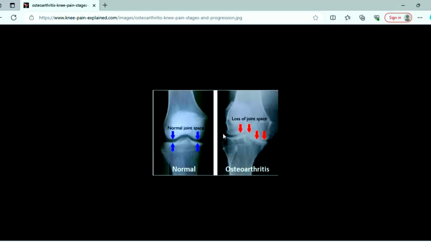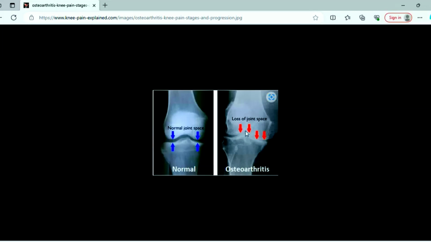Now if you look at the patient with osteoarthritis, you can see here that the joint space is completely lost. This is a very rare case. Most commonly the joint spaces are never completely lost, but this patient has a severe case of osteoarthritis, in the later stages, so the joint spaces are completely lost.